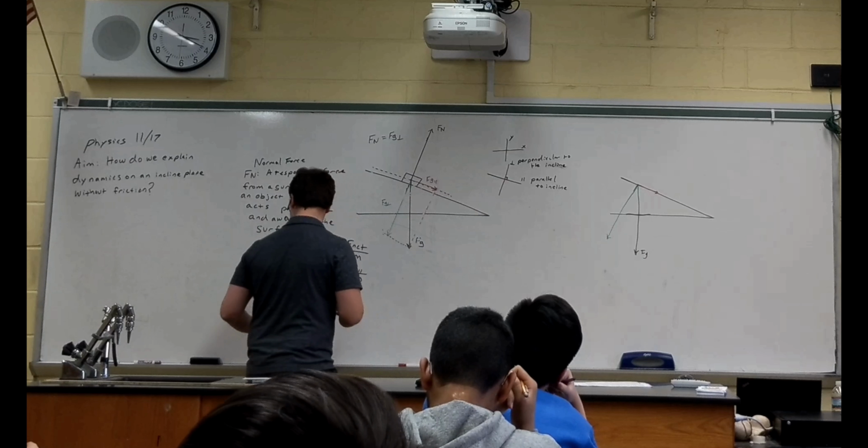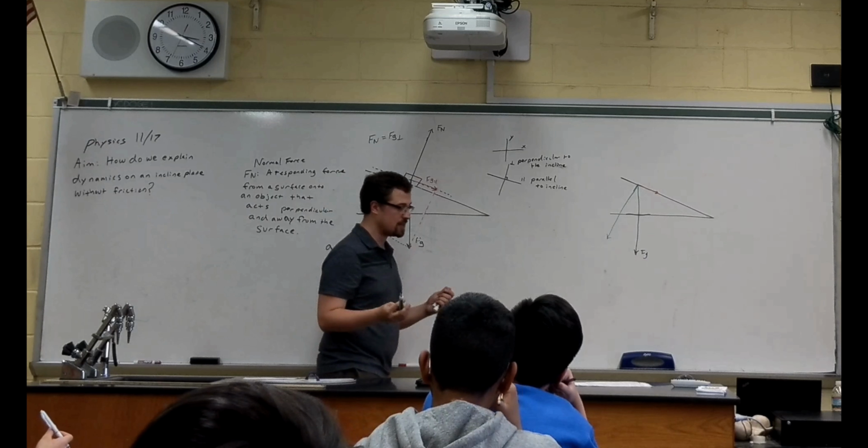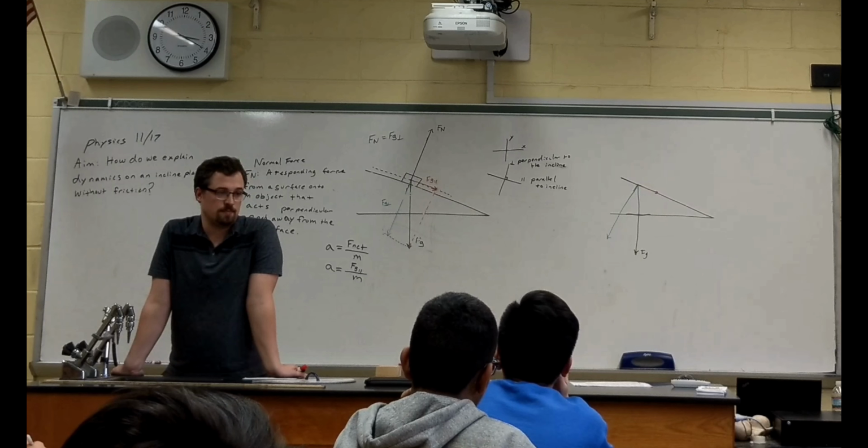So what I want to do now is create a relationship. What does this force depend on within the problem, in terms of the downward force, right? What do you think, Thomas? The red line.